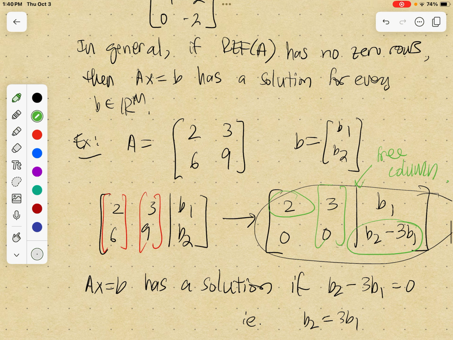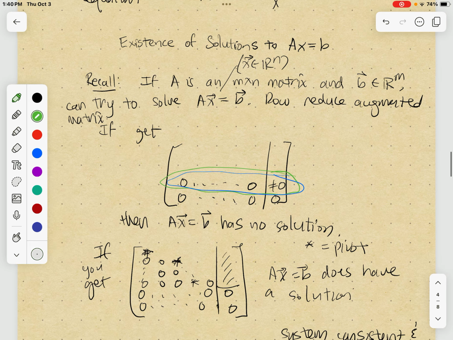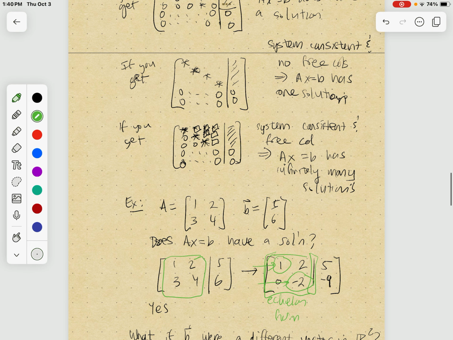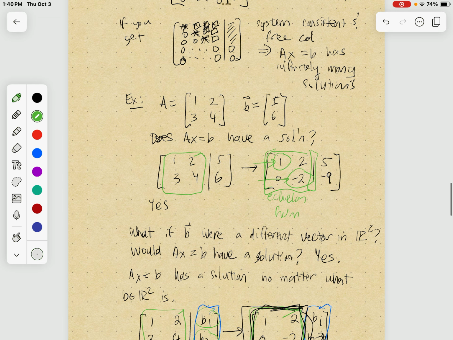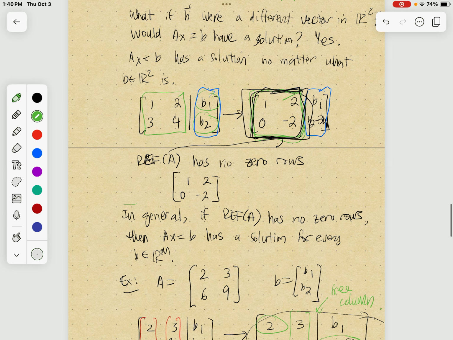Okay, so let's review what we did. First of all, we reviewed when AX equals B has a solution, and then we saw that if the echelon form of A has no 0 rows, then AX equals B has at least one solution no matter what B is.